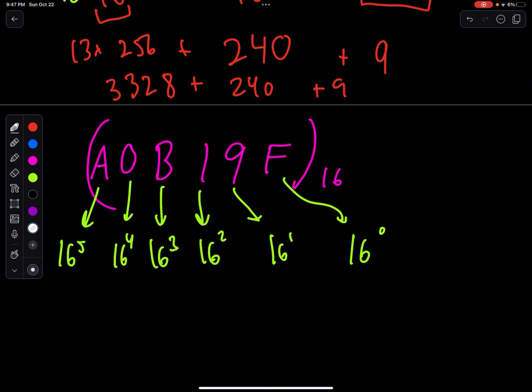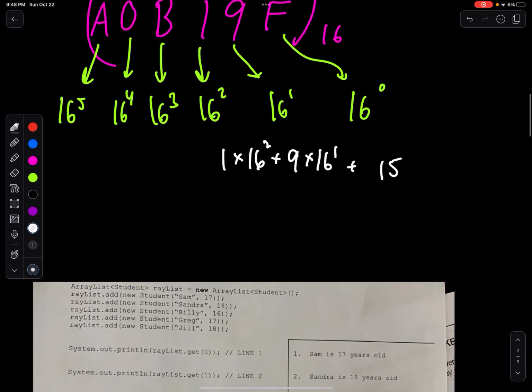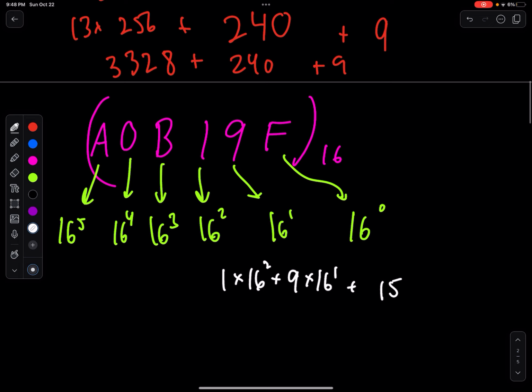So the F in the ones place, that means we just have 15. And then we have 9 times 16 to the first. We have 1 times 16 to the second. I'm not going to clean this up. I'm just going to show you the representations. B, keep in mind, A puts us at 10, so B puts us at 11. And that's the 16 to the third power. The 16 to the fourth power, there is nothing.